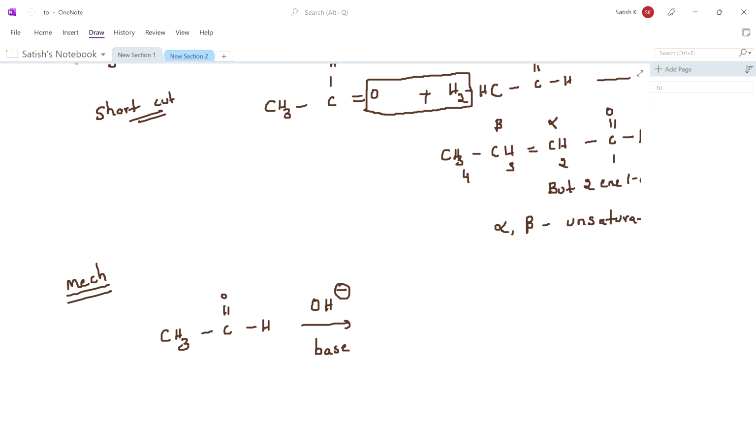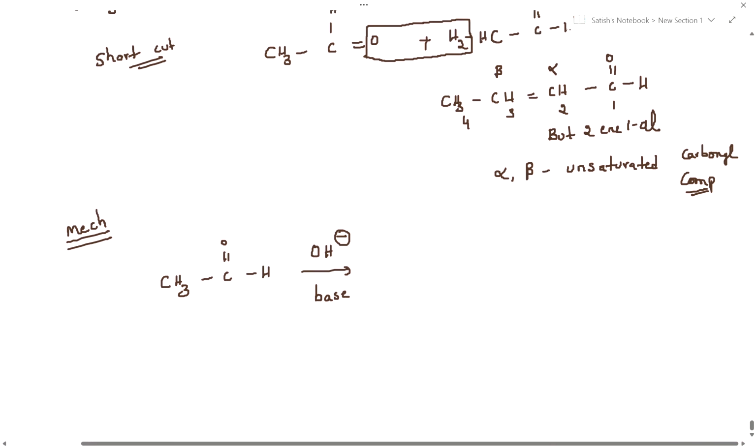See guys, what I am writing here. Yes, CH3, let me write like this, CH2H. Did you understand? CH2H. Now, this is hydrogen. This hydrogen it is abstracting. He is giving hydrogen.